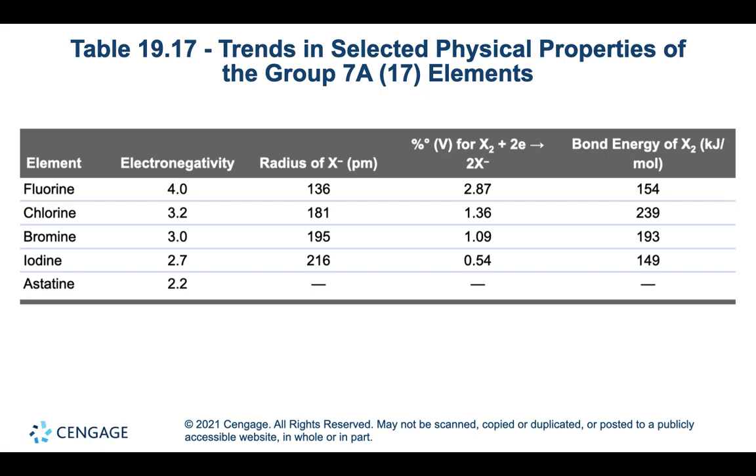The single bond for chlorine is actually stronger than the single bond for fluorine. You'd expect fluorine to have the strongest, but again, the size of fluorine makes it more difficult to concentrate the electrons to form a bond.